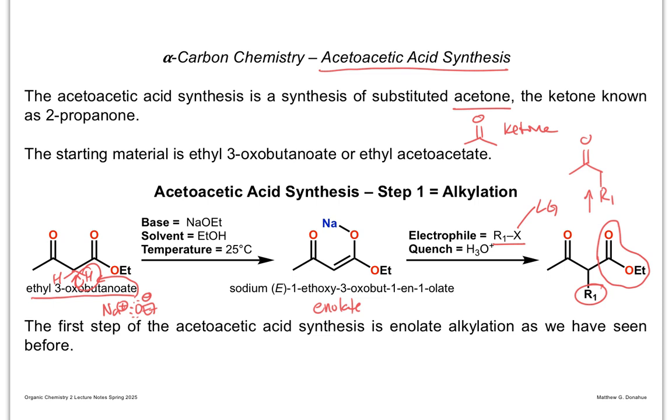So we're doing an SN2, then we're going to do a saponification. So that's a base-mediated hydrolysis of an ester to an acid, and then we're going to lose this carbon atom that I'm circling in red here. That carbon atom gets extruded.